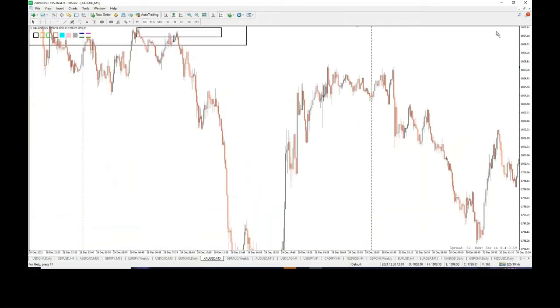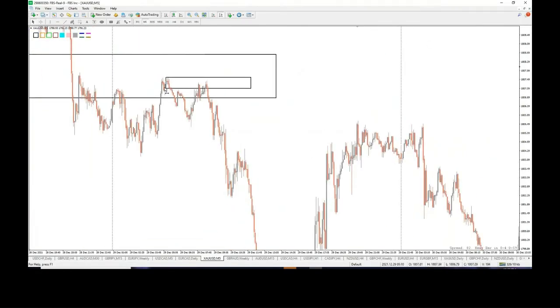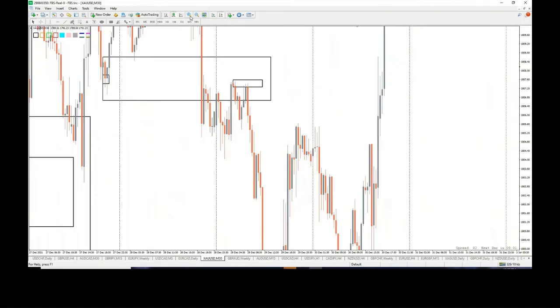Do dojis count as engulfings to you? If a doji gets engulfed, is that okay, or do you want to see an actual bullish or bearish engulfing?